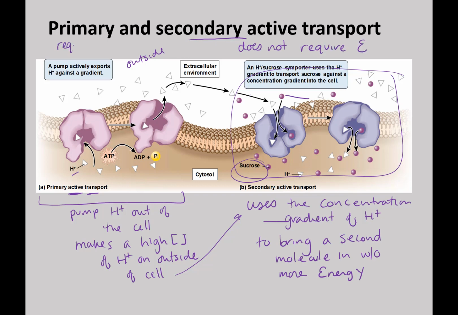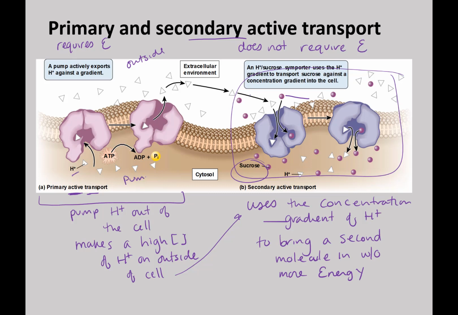Primary requires energy, and I usually write energy just as a little funky E. So the first molecule is moved by active transport. It creates this concentration gradient. It moves back down its concentration gradient and brings in a second molecule with it.